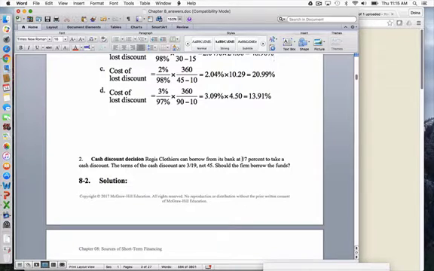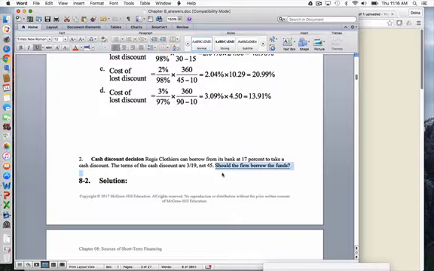Probably that was the 80s in the United States, double digit. Right now it's pretty low, but it's just an example. So if the interest cost of borrowing is 17%, and you are offered a cash discount, 3/19 net 45, the question is, should the business borrow the money from the bank and take the cash discount?